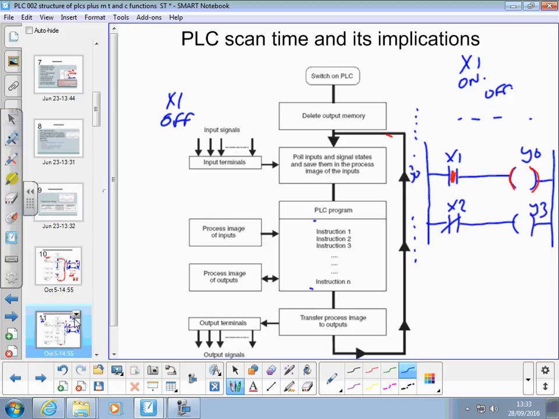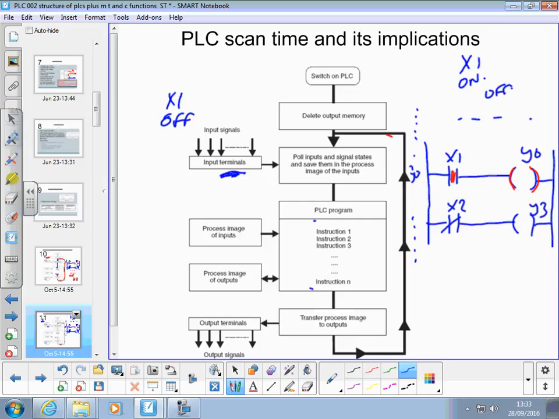The other implication is if an input changes right near the start of the program, but after it's done this bit, you've got to go through the whole program scan, back to the start, poll that new changed input, and go all the way to the bottom again, almost 2 complete scan times before the output actually acts on that input.